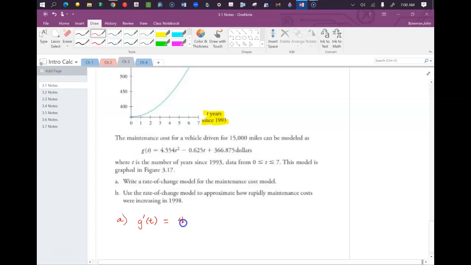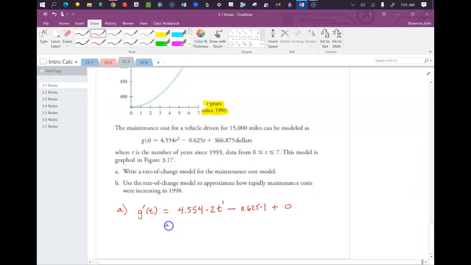So we have 4.554 times 2t to the first power, which we can write that in, but typically it's dropped, minus the 0.625 is a constant, so we can take that out and multiply that by the derivative of t to the first, which is just 1, and then we can take the derivative of the constant, which is 0. So there is our derivative.